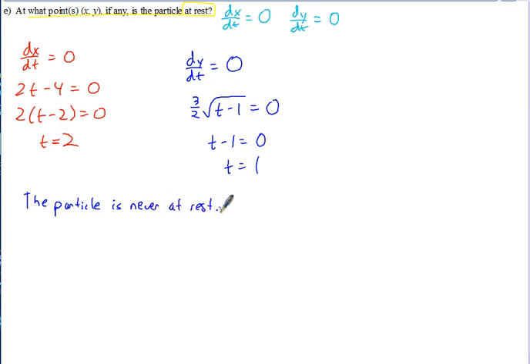Let's see if this makes sense with our graph. At time 2, dx dt is 0, and at time 1, dy dt is 0.